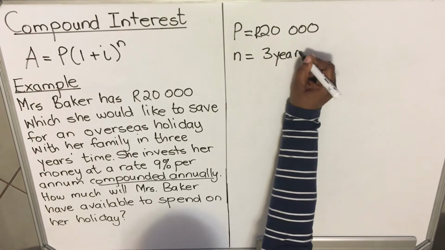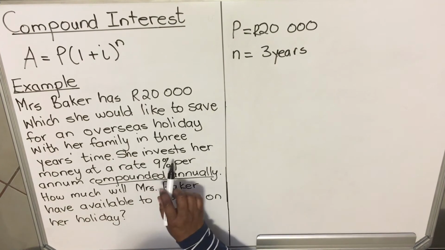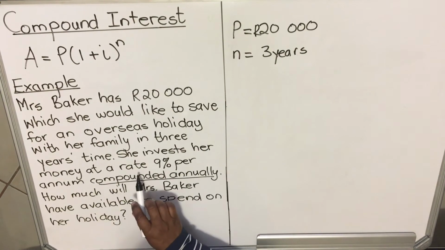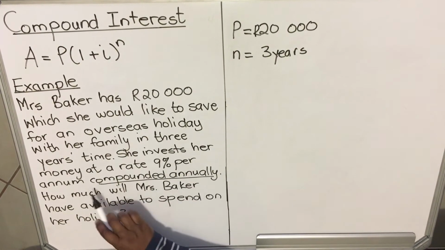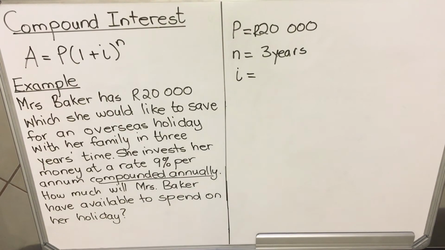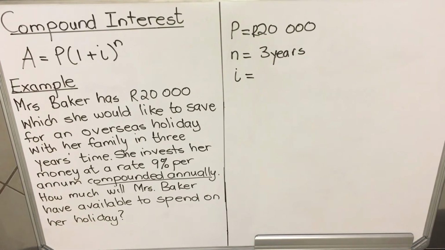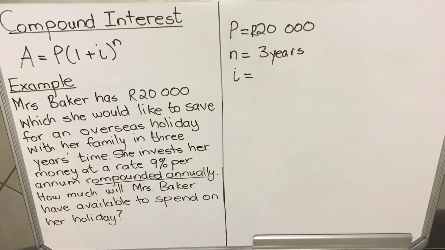She will save the money for 3 years. She invests her money at a rate of 9% per annum, compounded annually. So the interest is 9%. You take your calculator, you say 9 divided by 100, and you get 0.09.